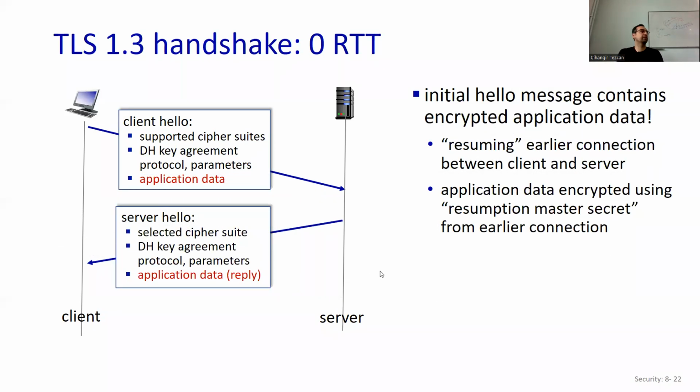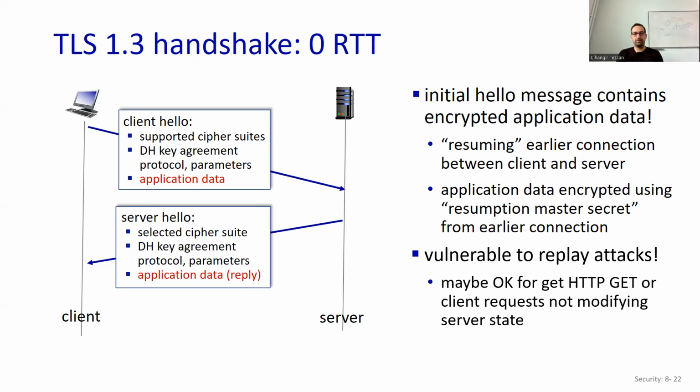Now, since you already have selected the ciphers and already have the secret keys, you can continue communicating without any further handshakes. So this is the nice thing about TLS 1.3. But it is vulnerable to replay attacks, which may be okay for HTTP GET or client requests not modifying server state. Okay.